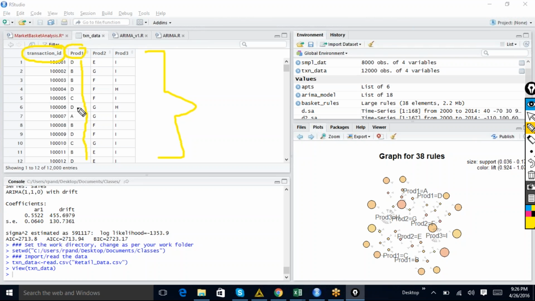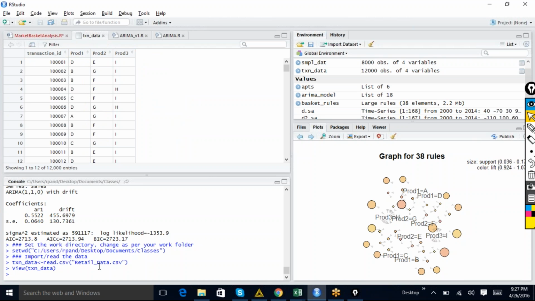Imagine all of those products are here, but for simplicity we are saying A, B, C, D, E. Similarly, the next product, which is product 2, is E, F, G, H, I, J. Sorry, H and I are not there. H and I are in product 3, the rest of the letters are in product 1 and product 2, right? So this is how the data looks. Any questions on the look and feel of the data? Is everybody clear on this?